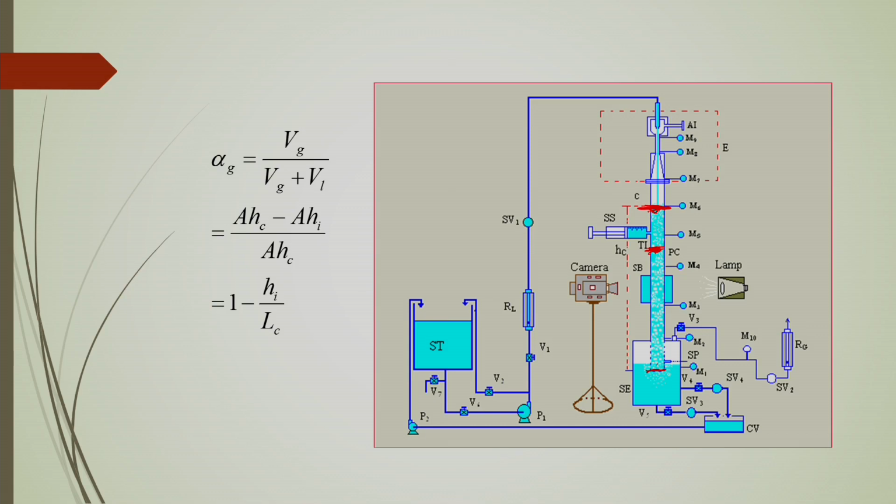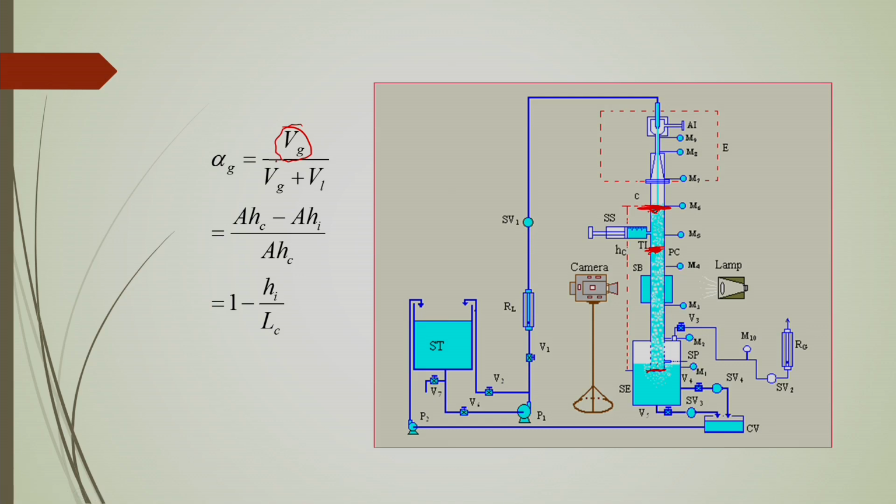You can calculate it easily: the cross section A into this clear liquid height, let it be Hi. If you calculate this clear liquid volume and subtract it from the total volume of the gas-liquid mixture, you can easily obtain how much volume of gas is entrained into the liquid.